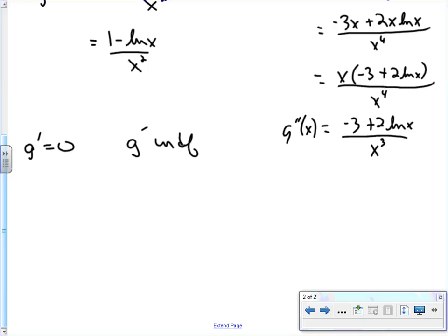Those two things. Okay? G prime equals 0. Fraction, so we can do the top. Call it what you remember.